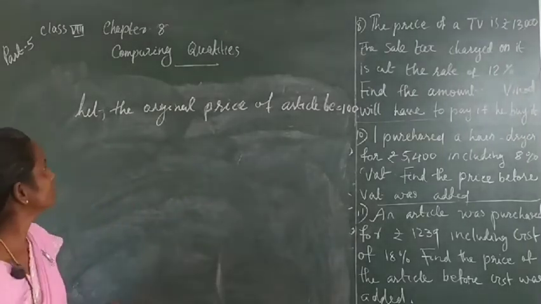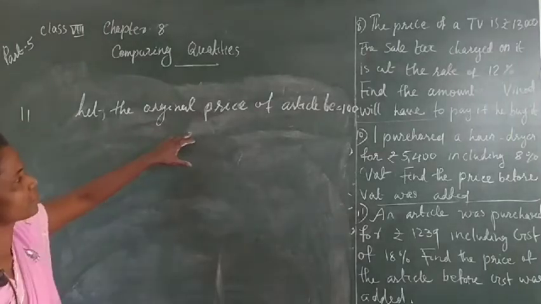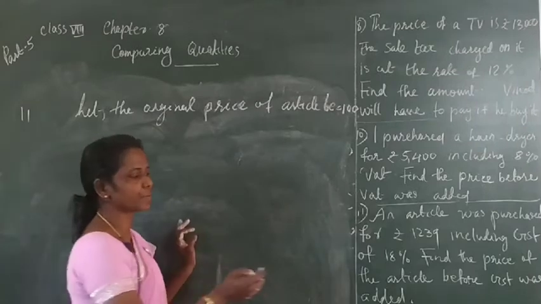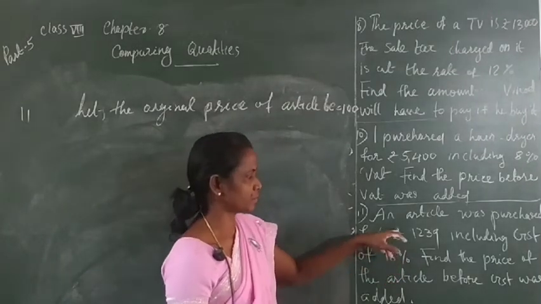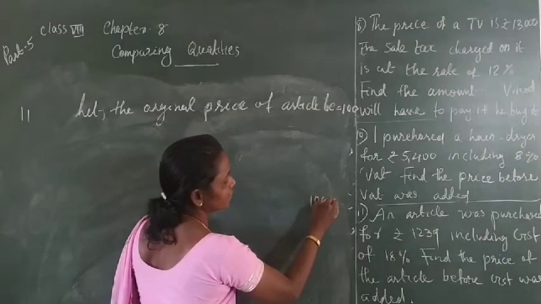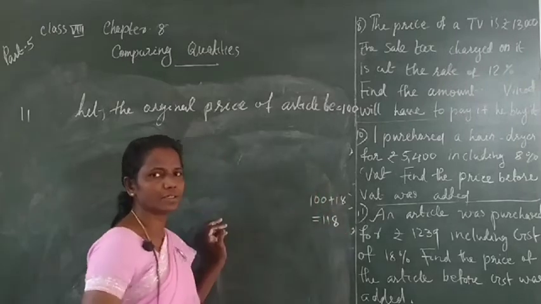Let the original price of article be, we can take 100. So what is its selling price? Here GST is 18%. So 100 plus 18, 118 rupees.